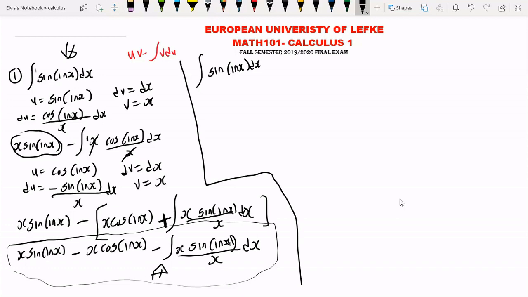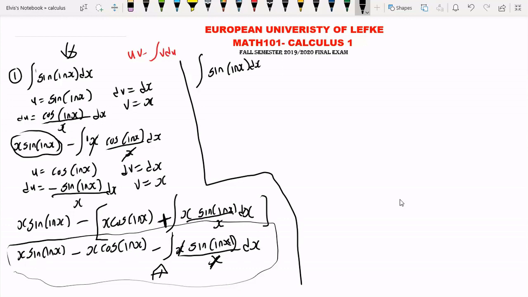If you take a look at this value, we're also having s multiply sine of ln of s over s. The s are going to cancel out. So we are also having the integral of sine of ln of s, meaning we arrived at the initial integral we started with. We are going to take this integral and move it to the right side.